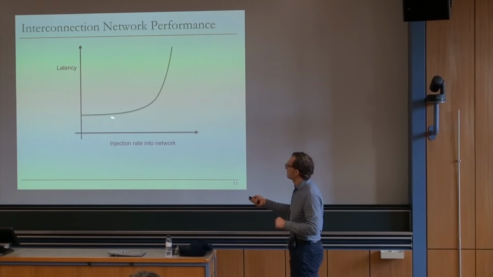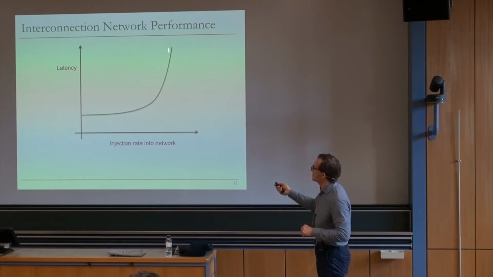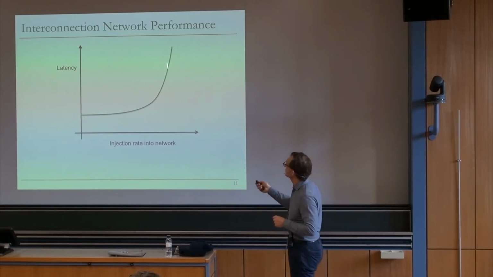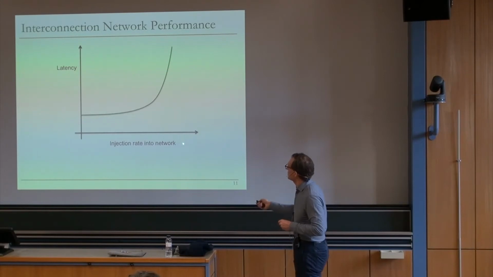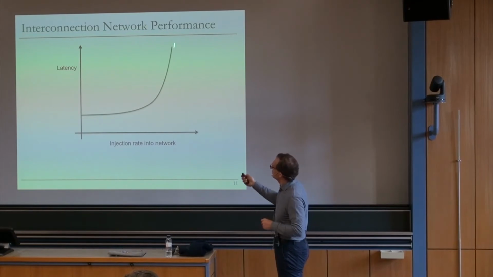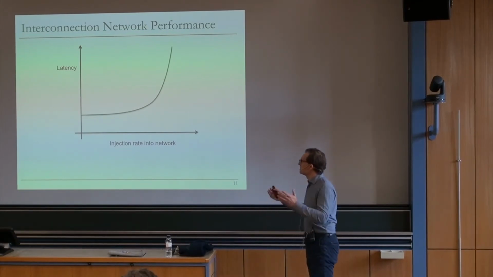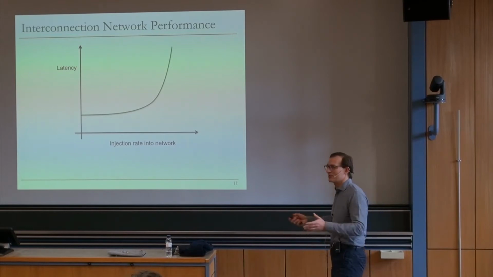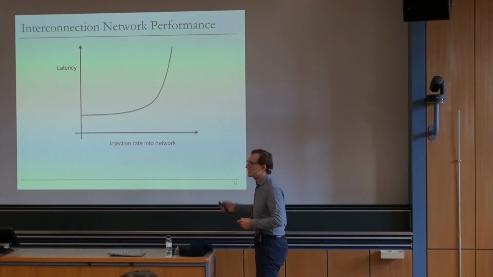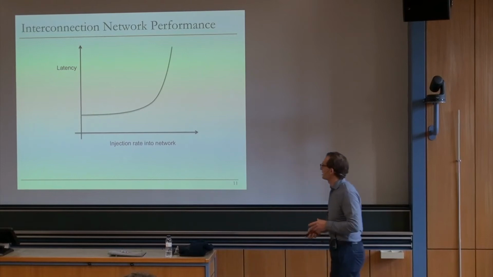And if you keep increasing the load, your latency increases because there's contention. And at some point, the network essentially saturates. So this asymptote over here is called saturation throughput. And at that point, your latency shoots up. Sometimes it's also called congestion collapse in the internet, for example. Basically, the network collapses because of congestion. The latencies become too unreasonable at some point.